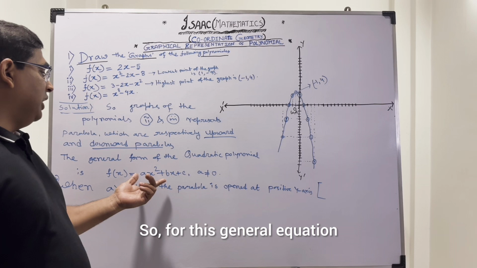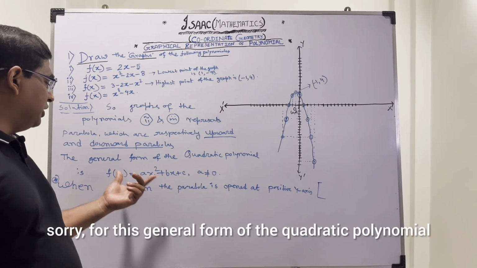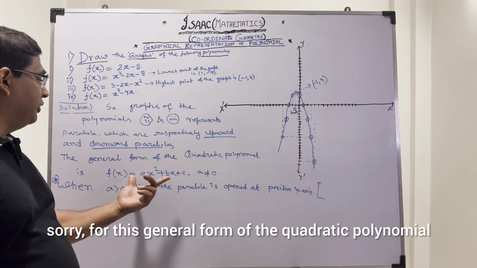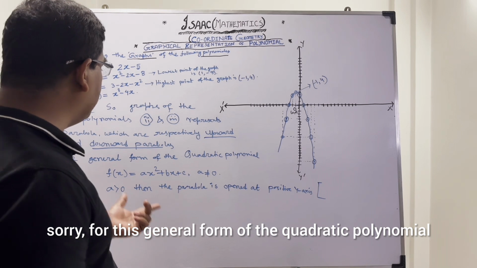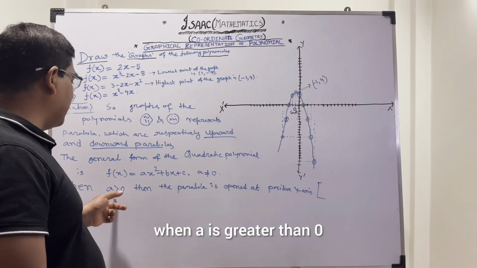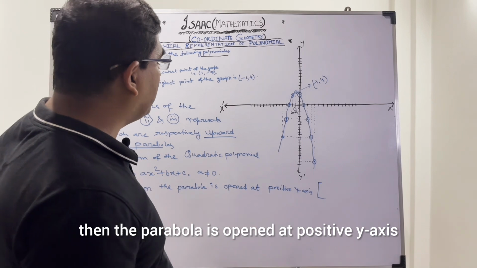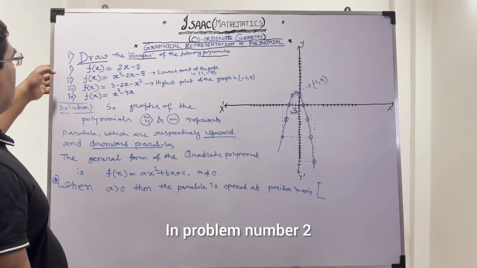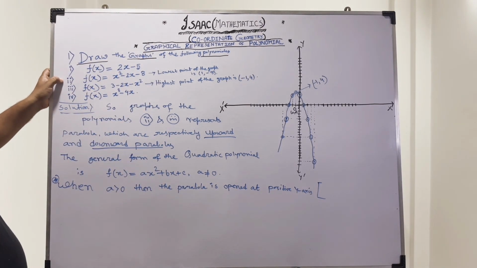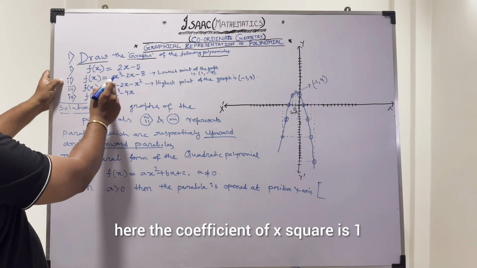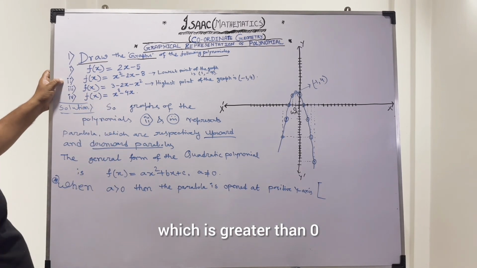So for the general form of the quadratic polynomial, when a is greater than 0, then the parabola is opened at positive y-axis. In problem number 2, here the coefficient of x square is 1, which is greater than 0.